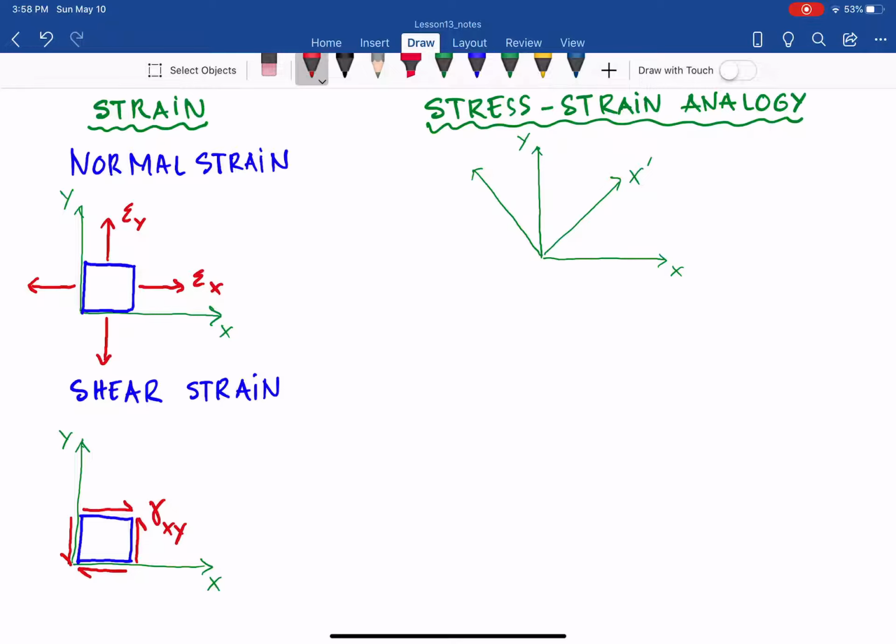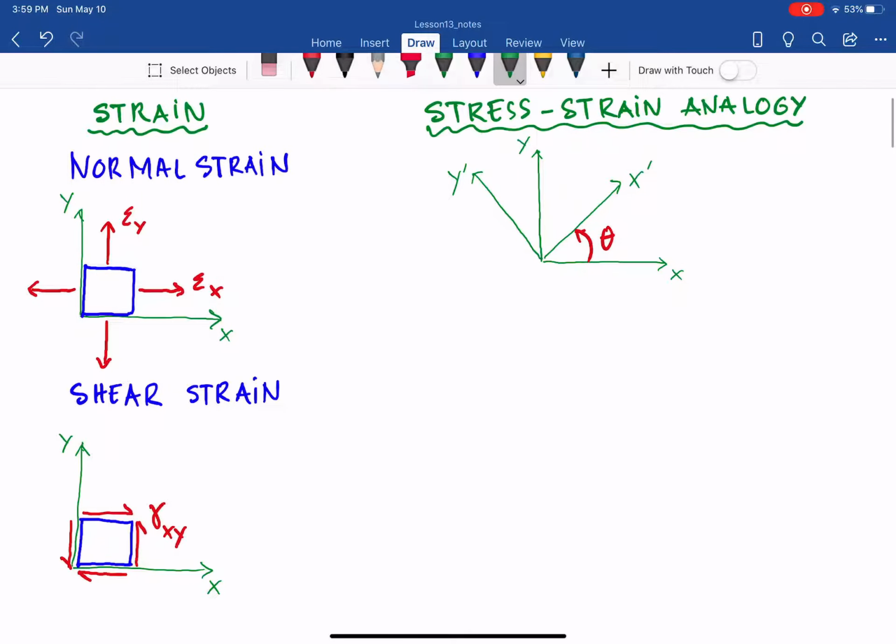So for example here, the angle theta moves in that direction, in this case counterclockwise. So we have X apostrophe and Y apostrophe. So what are sigma X apostrophe, sigma Y apostrophe, and also tau X apostrophe Y apostrophe. That's the purpose of the transformation in stress.